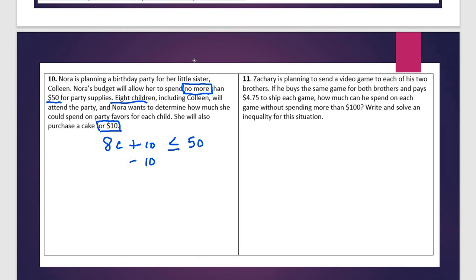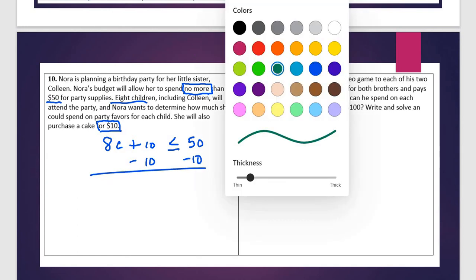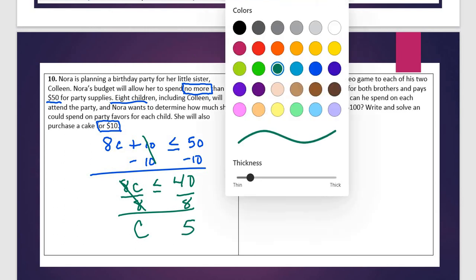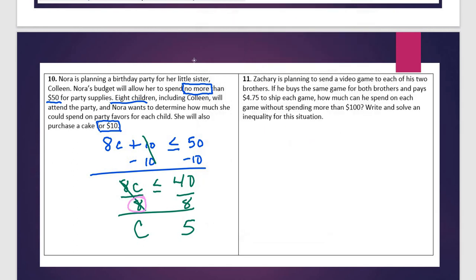Now we're going to work these out, and I'm going to change my colors. I see this cancels out, and so it's 8C is less than or equal to 40. Divide both sides by 8. So now we have C is less than or equal to 5. And remember, always come back and write this part last.